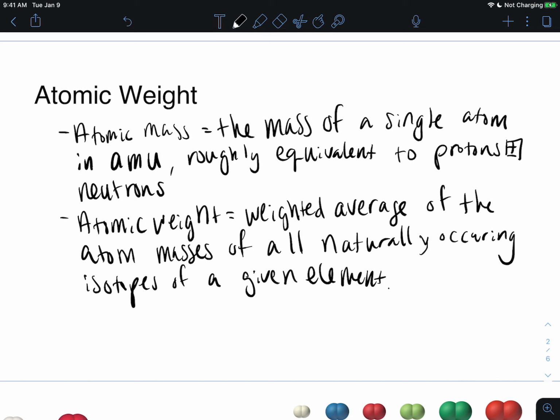If we look at our periodic table, each of our element symbols will have an integer value. That's our atomic number. It'll usually have the actual chemical symbol, the 1 to 2 letter symbol that tells us what element it is. A lot of times it will have the element name.